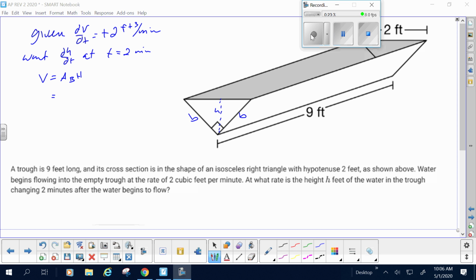Base times base divided by 2. The hypotenuse is 2 feet. Okay, so we need to get some kind of area of the base calculation here. We're going to talk about that, and I'm not sure if I like my answer of 1/6 anymore.